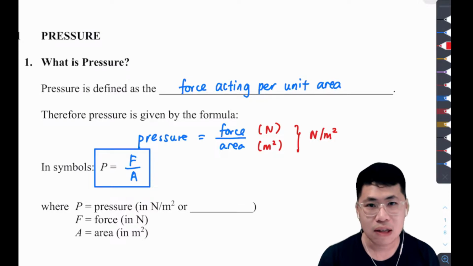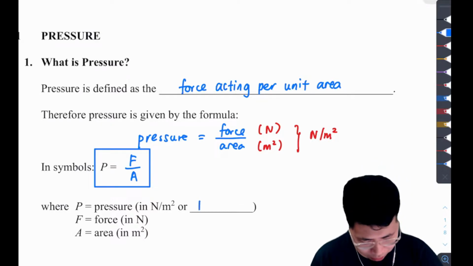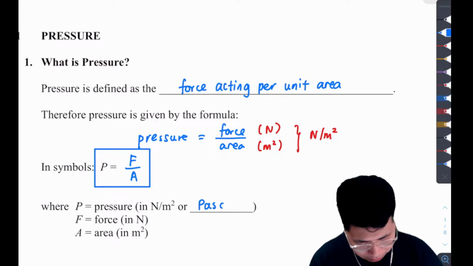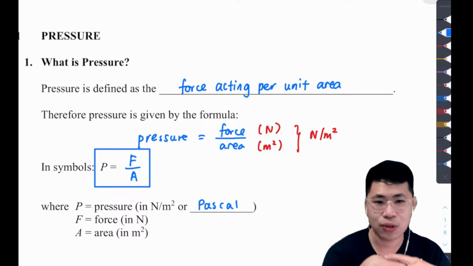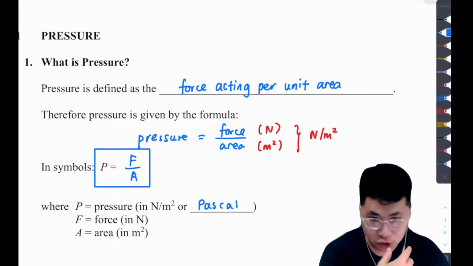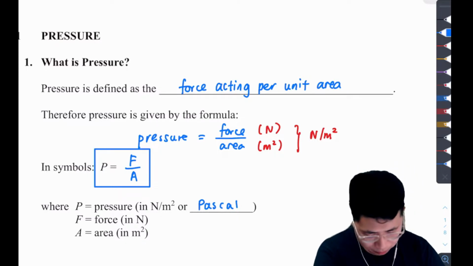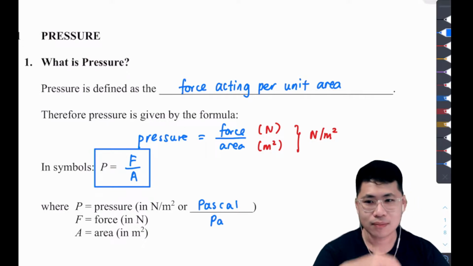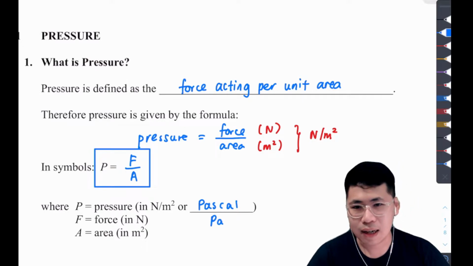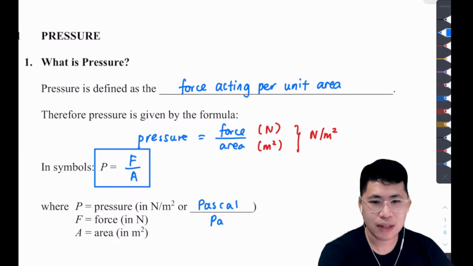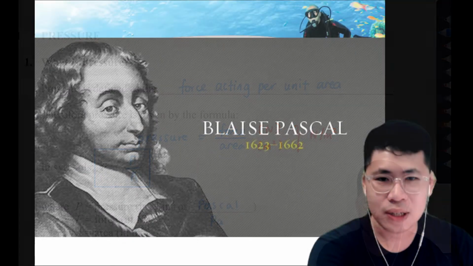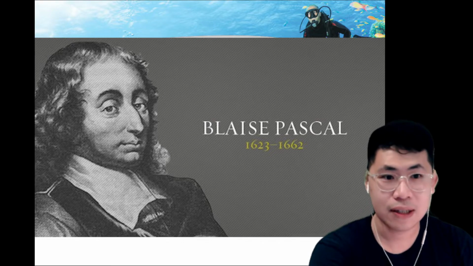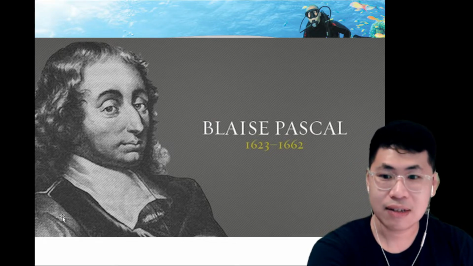Now, an alternative SI unit over here is known as the Pascal, in honor of Blaise Pascal, who developed a lot of ideas on pressure. Short form, we write Pa for Pascal. Let me show you who he is. So this is Pascal over here, in the 17th century.